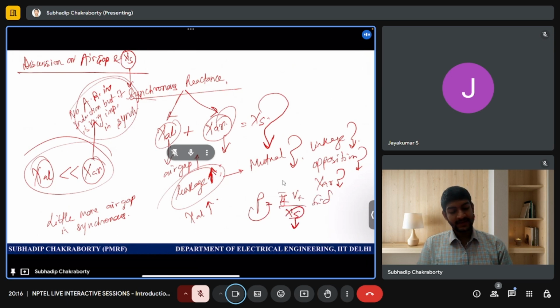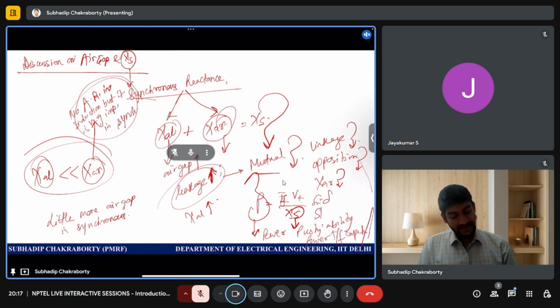Because XS reduces, power increases. So, power pushing ability or power transfer capability or stability increases.